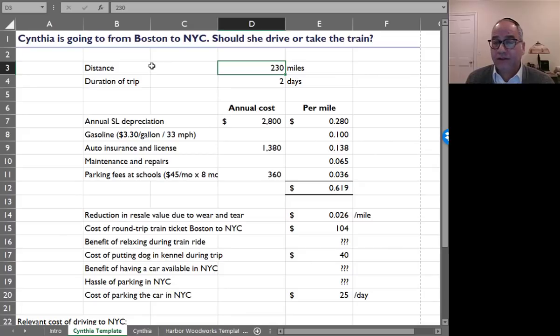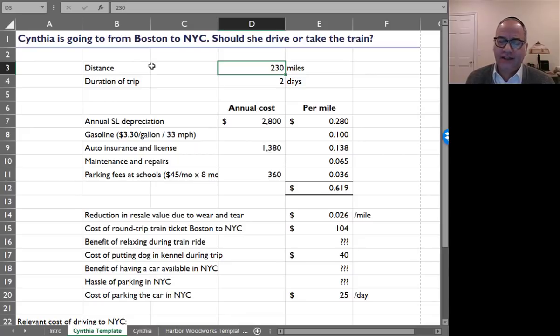Maintenance and repairs. Cars, the longer you drive them, the more they break. So maintenance and repairs typically cost 6.5 cents a mile on average. And also, when she parks at school, she pays $45 a month, and she's at school for 8 months.